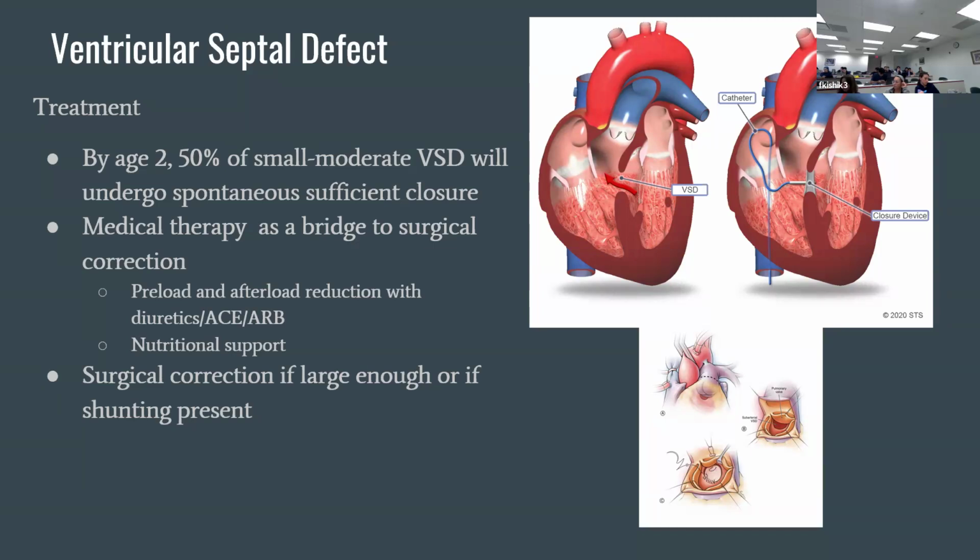If it's large and shunting at birth, they're going to be in the NICU and probably get feeding that way. If it's more stable and being monitored and treated as an outpatient, they're probably just going to use certain formula or increase feedings and have them come in for frequent weight checks to make sure that they're gaining weight.